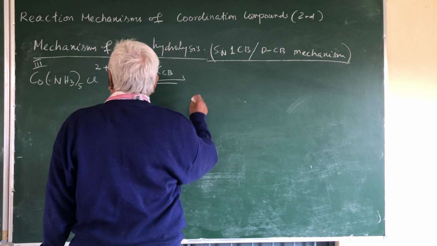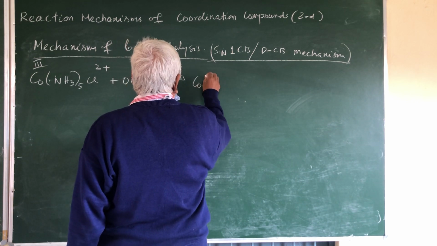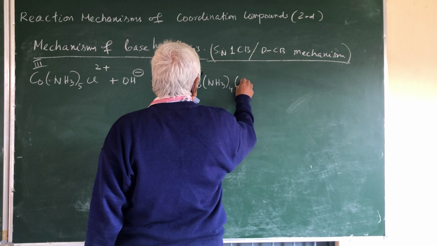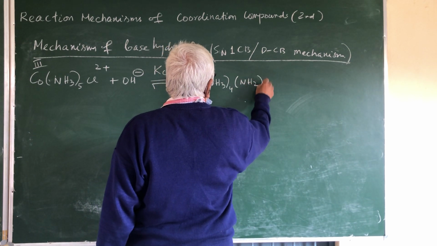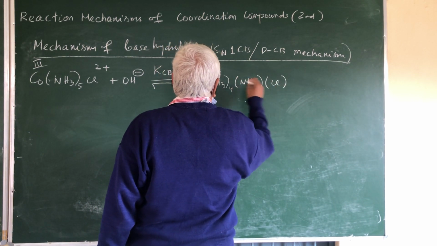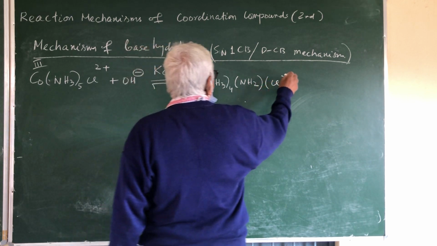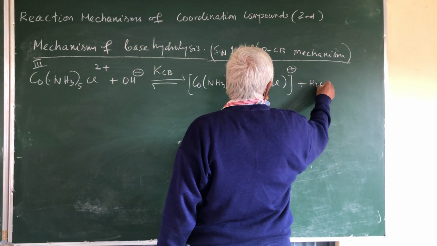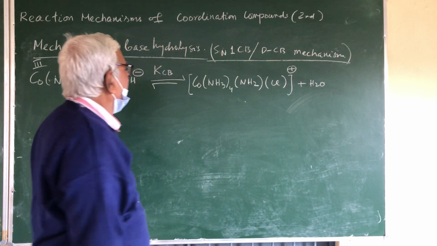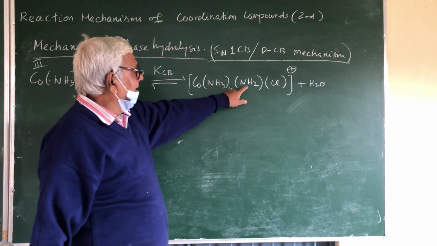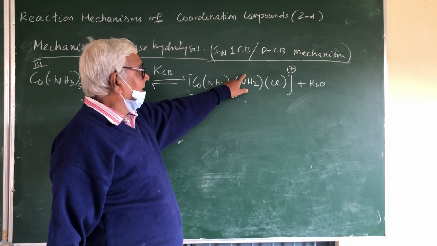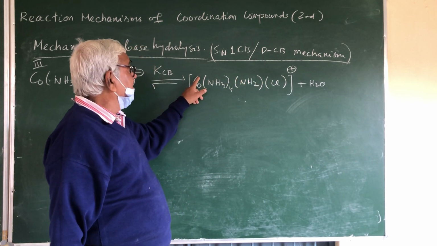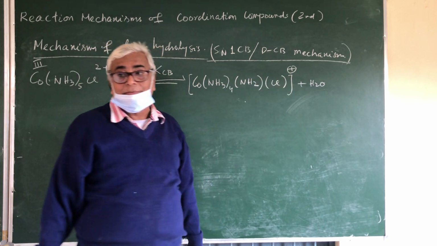It will produce the amide complex. Since amide is negatively charged, one negative charge, and here three positive charges, the overall charge will be plus 2.